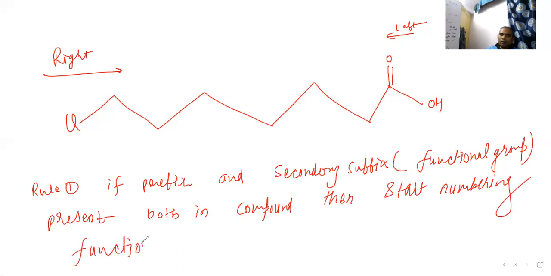We start numbering from the functional group site, right?